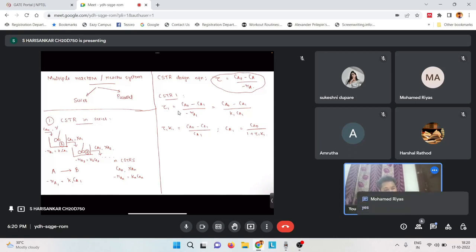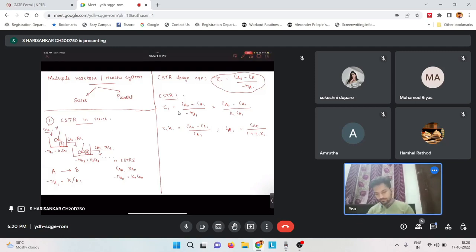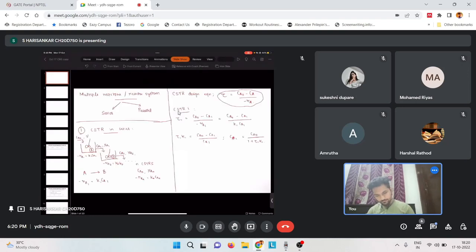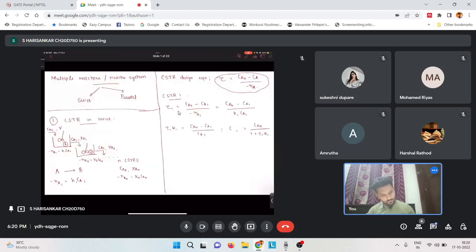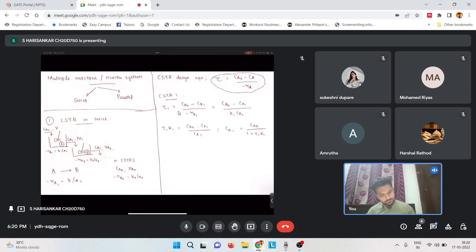Okay. So let's say this is our equation for the outlet concentration from the first CSTR.